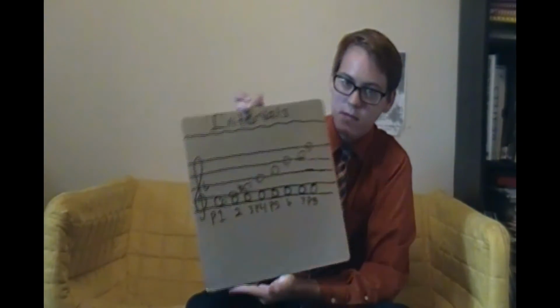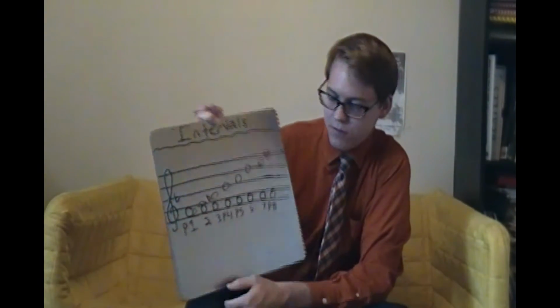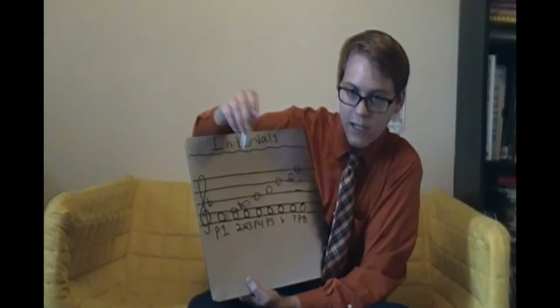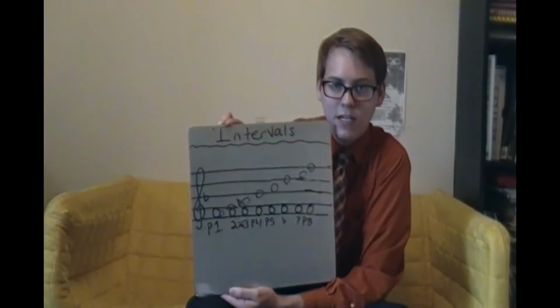For example, if we have F to A flat, this would be a minor third. I'm just going to give it a little m. Some people do an m with a line over it, as long as you can determine it's a minor third. And that could be the same for all of these.